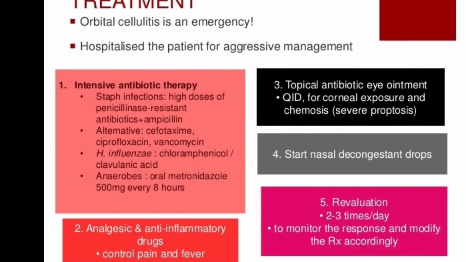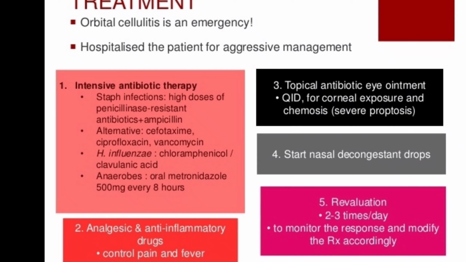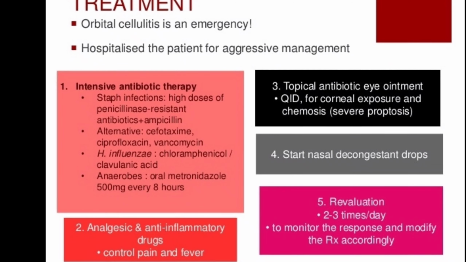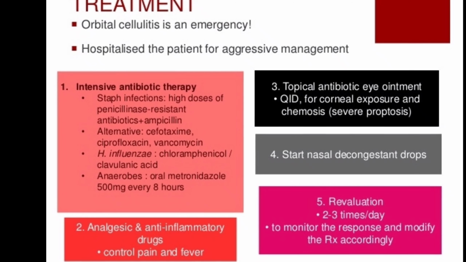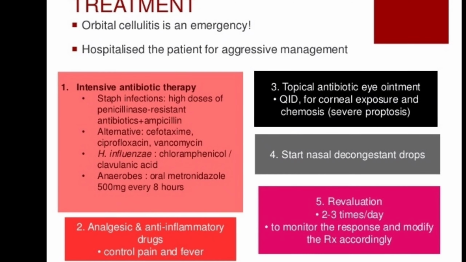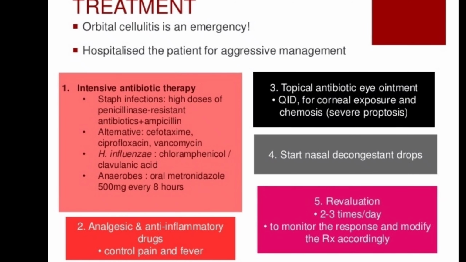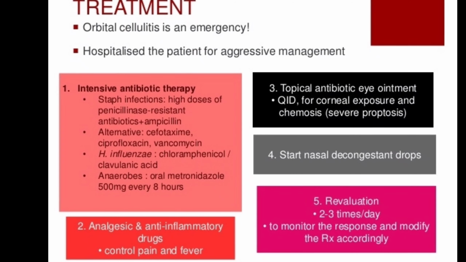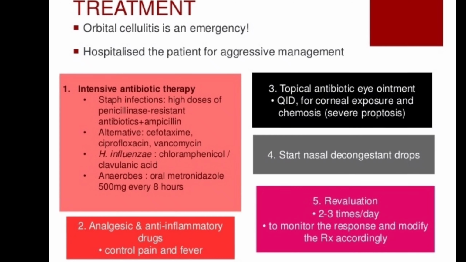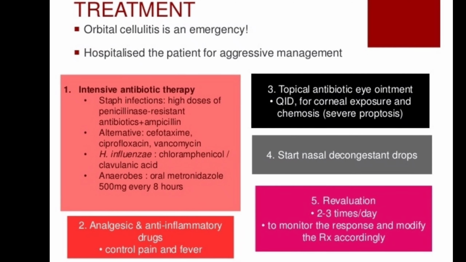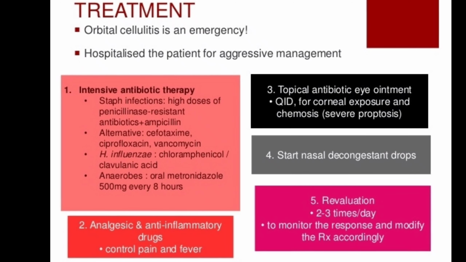In summary, orbital cellulitis is a deep skin infection due to Staph aureus or Strep pyogenes. The patient will present with unilateral eye painful suppurative swelling, and if there is proptosis or ophthalmoplegia or decreased visual acuity, this indicates orbital cellulitis, not preorbital cellulitis.